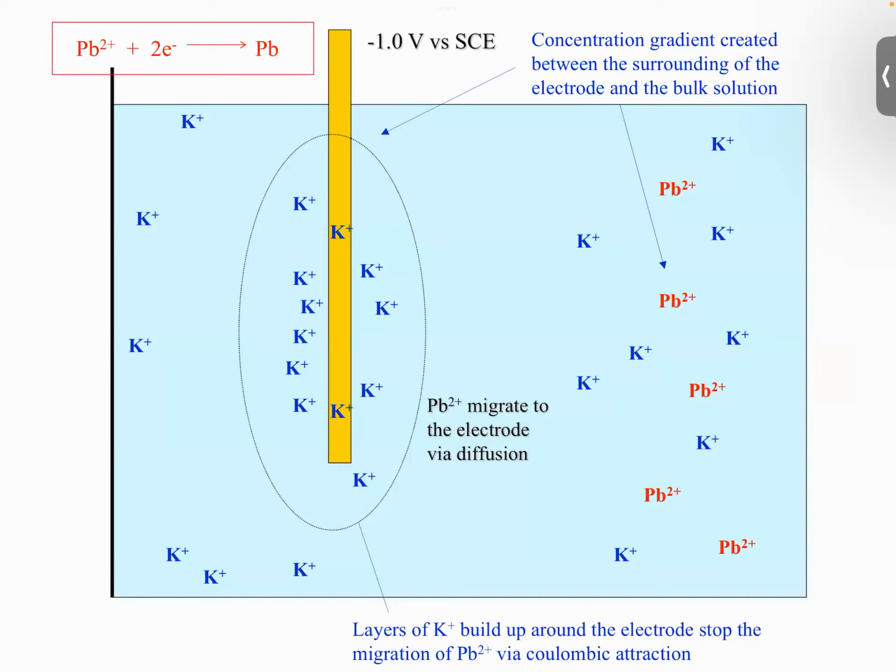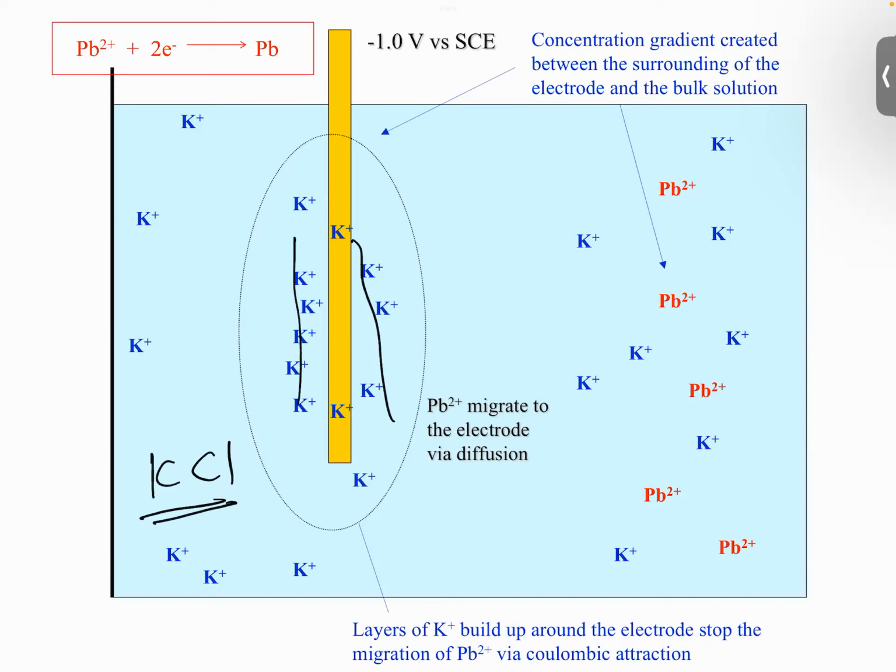It requires time for the plumbum to move, and there is also KCl here as supporting electrolyte, and you need to stir to make sure that these layers of potassium are not covering the electrodes.